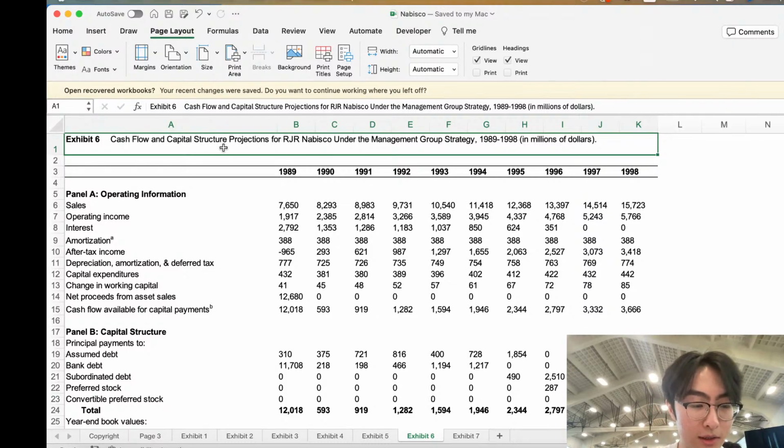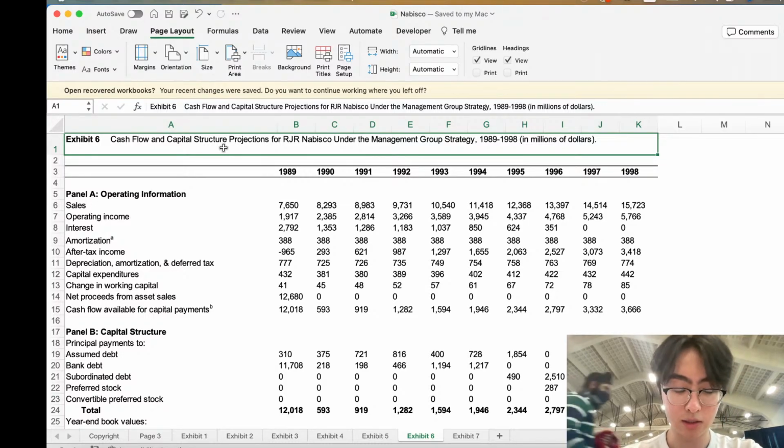Okay, so then we have a few assumptions here. So we have a tax rate, risk-free rate, market risk premium, unlevered equity beta, steady growth rate, shares outstanding, subordinated debt betas, and cost of subordinated debt and preferred stock. Okay, let me just make sure that these are actually right. So let's see.